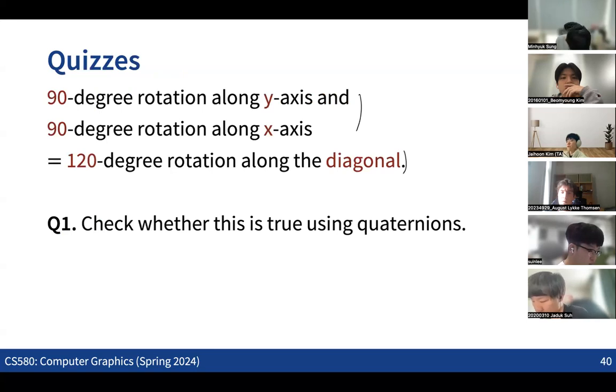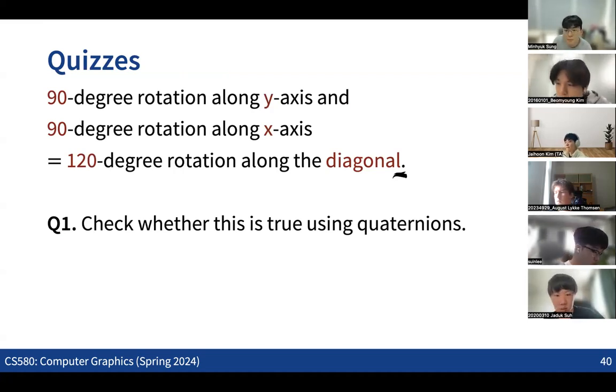You can calculate the combination of the two rotations using quaternions and see whether that quaternion is the same as the quaternion representing this rotation. So let's check this, and please post your answer on this slide. We have enough time, so I'm going to give you 5 minutes to work on this.